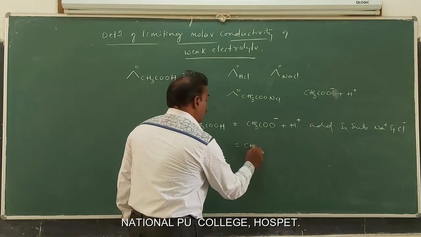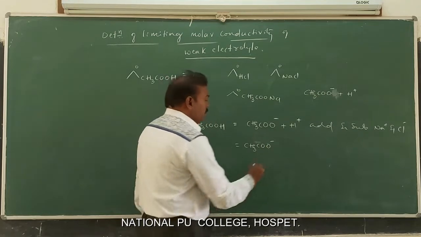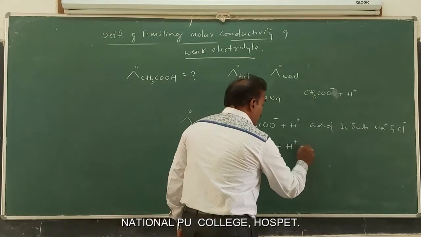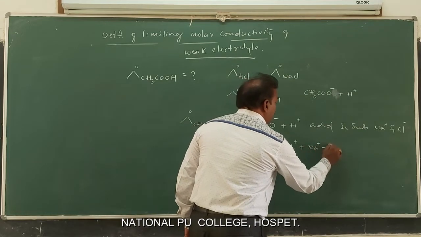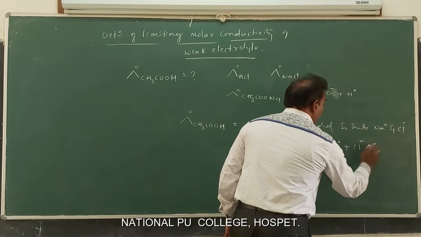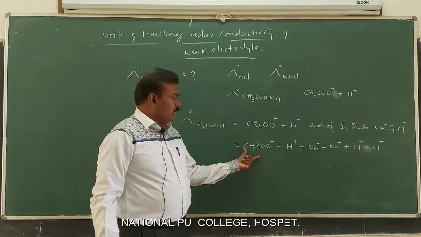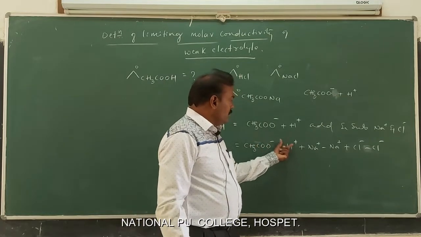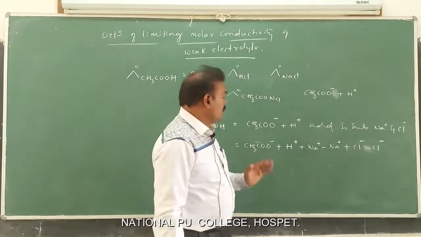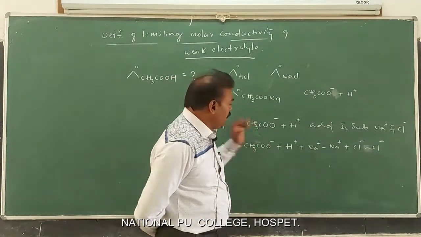CH3COO minus ion plus H plus ion, then plus Na plus ion and minus Na plus ion, plus Cl minus ion and minus Cl minus ion. Listen, the contribution made by hydrochloric acid, sodium chloride and sodium acetate will be there. Now here, just add and subtract the sodium ion and chloride ion.